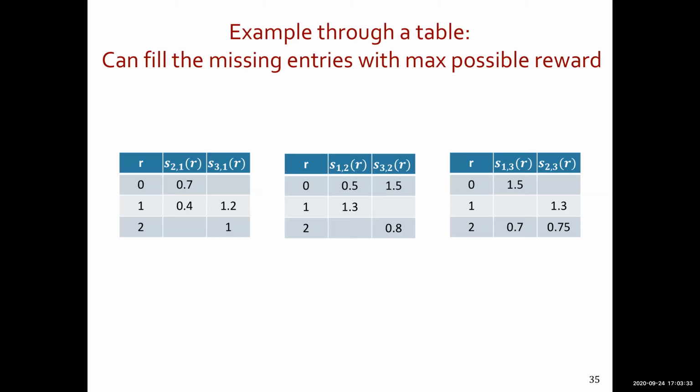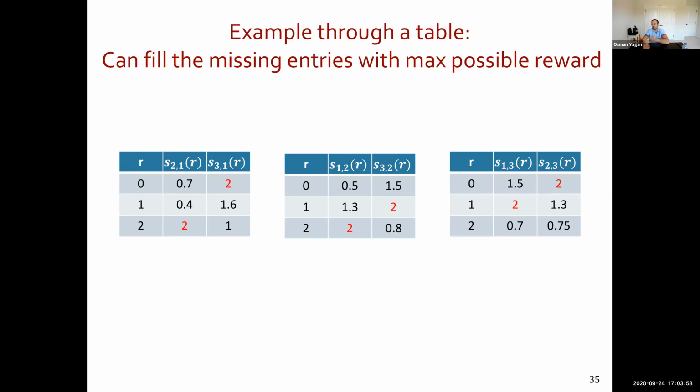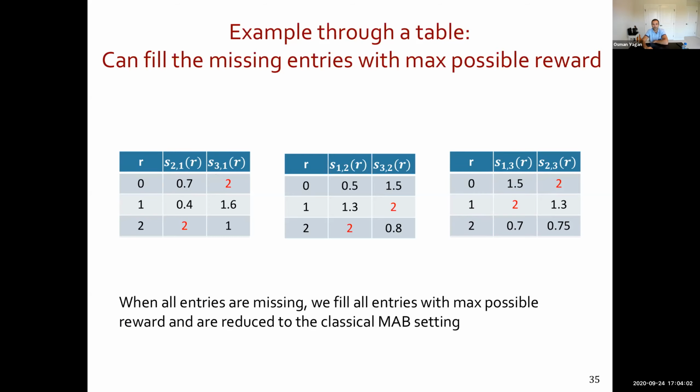Okay. So again, the argument that we like to make in this slide is that, let's say you ran a survey, you hired consultants, their domain knowledge helped you fill some of these tables, and whatever entries you couldn't fill, like you couldn't figure out what happens if arm 1 returns 0 to arm 3, just fill them with the maximum possible value that your context dictates for the rewards to take.